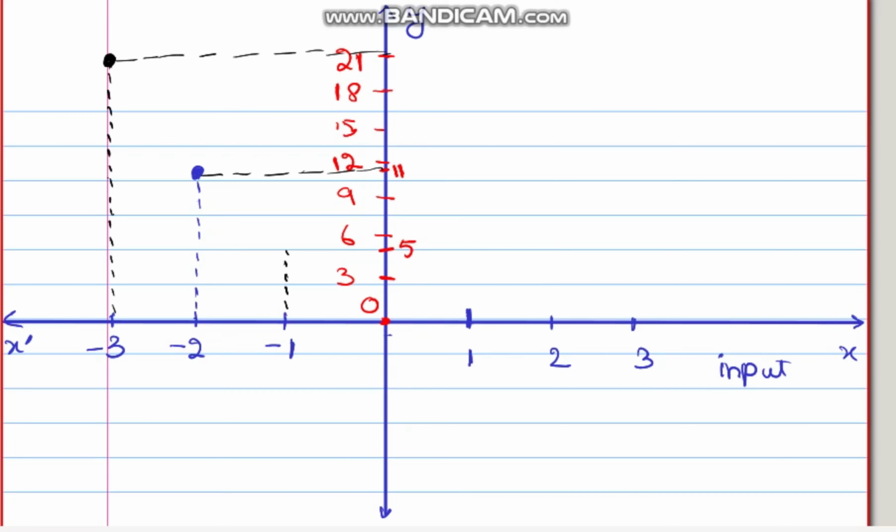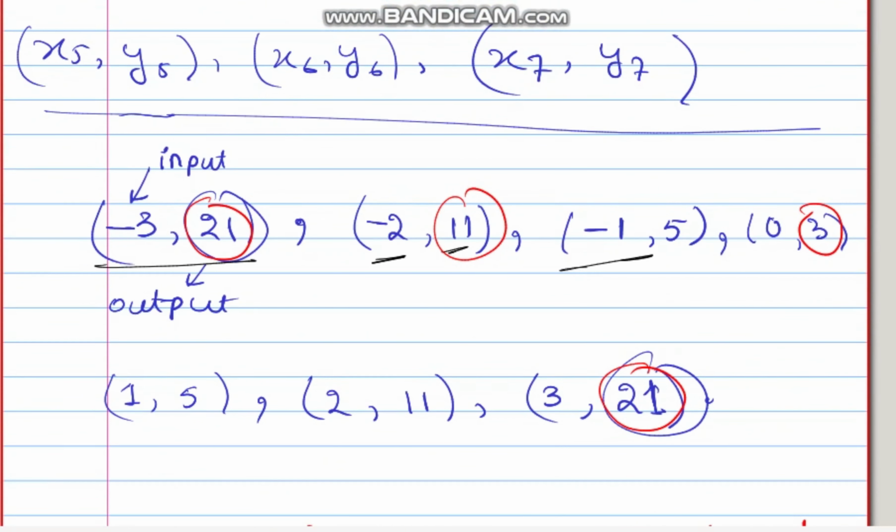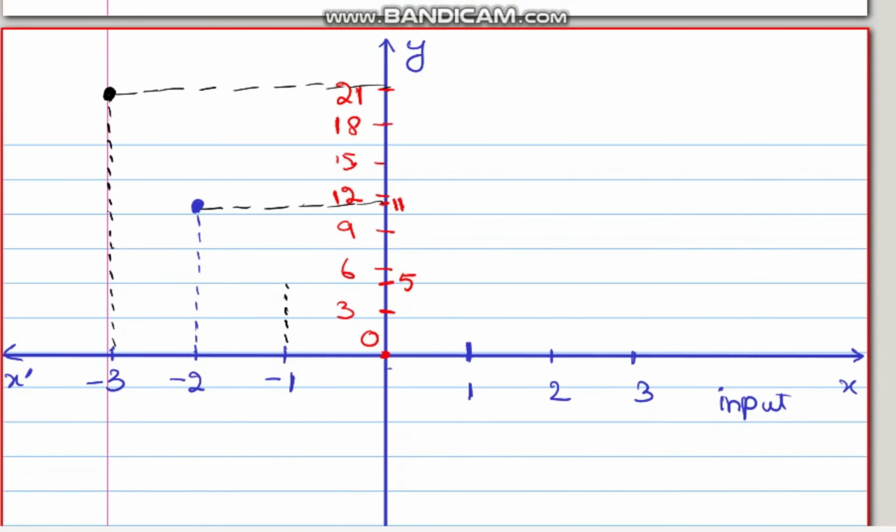Please, dear students, now check the second point. What is the second point here? We can easily notice that the second point is x is equal to -1 and y is equal to 5. Please draw this point here.